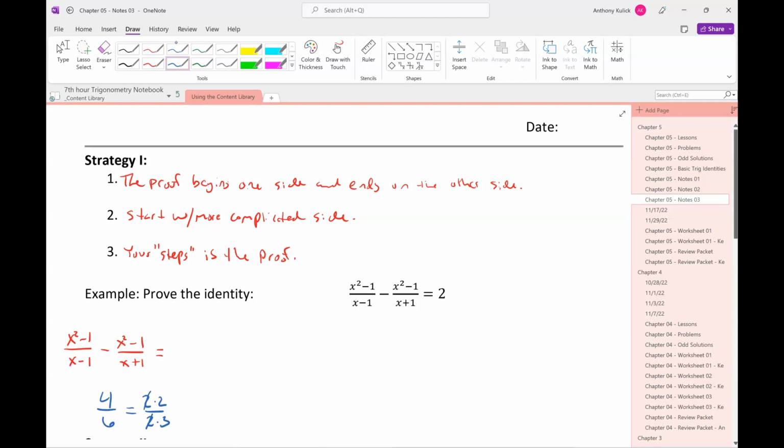Everybody agree? So in order to reduce, what did we have to do? We factored, right?